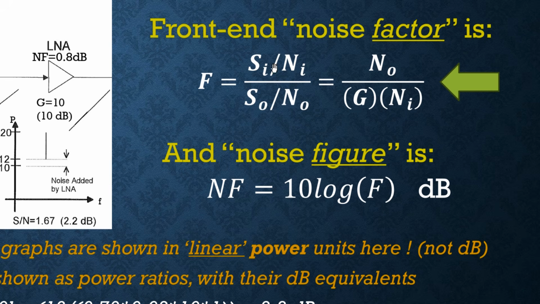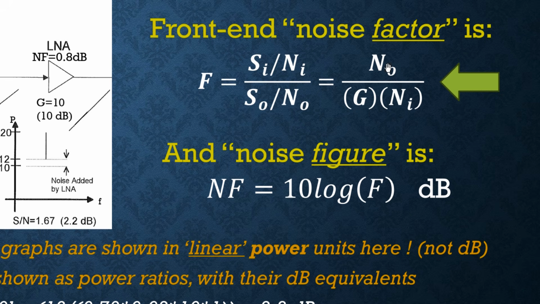But then we focused on the more traditional definition of noise figure, which is given in this equation: the signal to noise at the input divided by the signal to noise at the output. And this could be for the whole front end, or as we'll do today, it could be just for the low noise amplifier itself. This we mapped into this other form, which is the total output noise from, say, the LNA divided by, for example, the gain of the LNA times the thermal input noise.